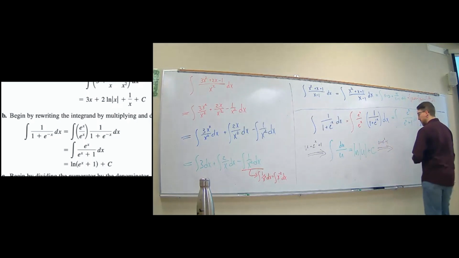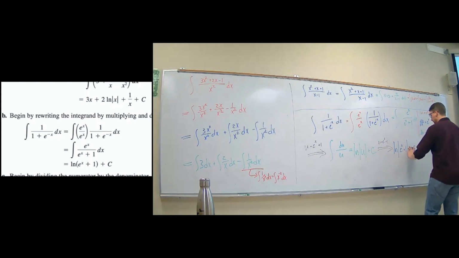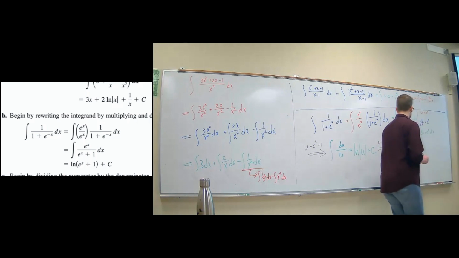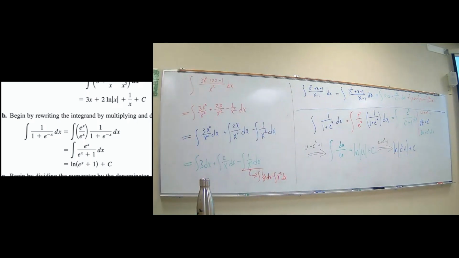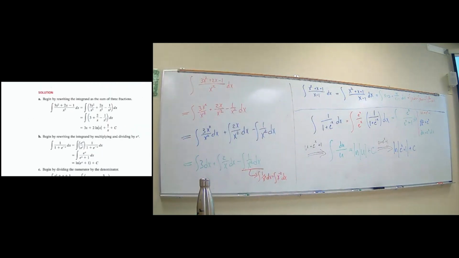We get the ln of the absolute value of e to the x plus 1 plus a constant. That is exactly what they ended up doing. So b takes a trick. It takes first multiplying by 1, and then it takes representing e to the x plus 1 as u.